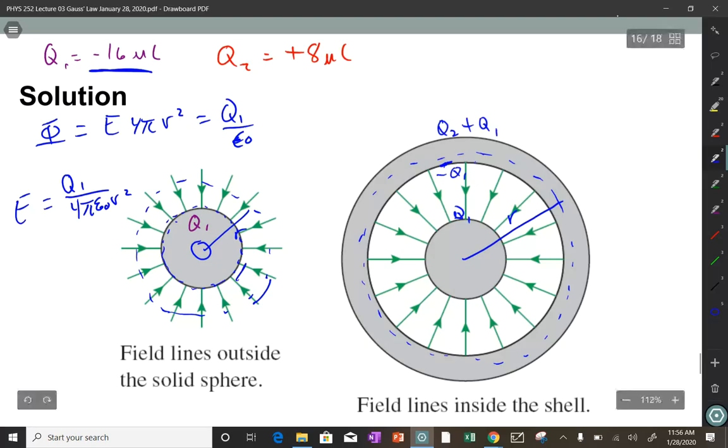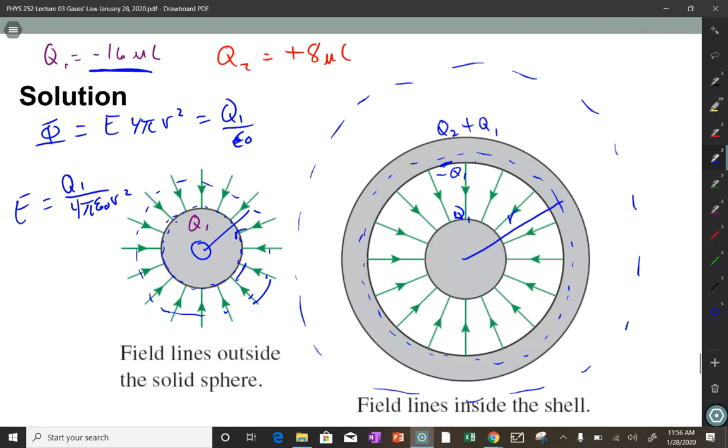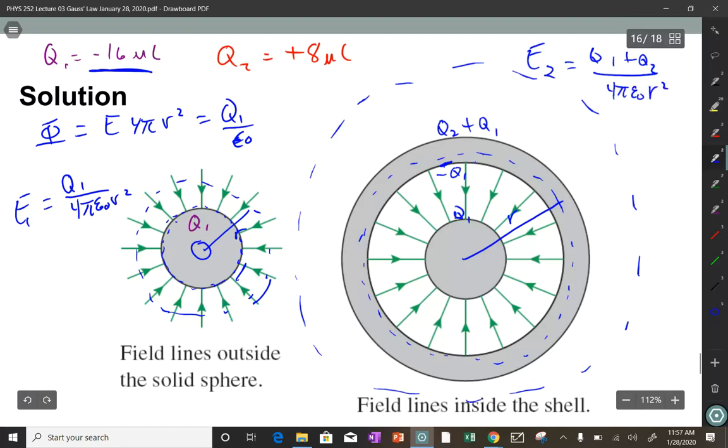Now if we make a surface like this, how much charge is enclosed by that? It's going to be Q2 plus Q1. Following all the same rules, we're going to have E 4 pi r squared equals Q1 plus Q2 over epsilon 0, and so there's the electric field we're going to have out there.